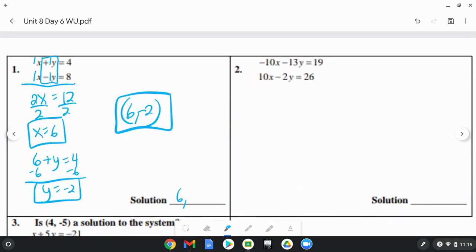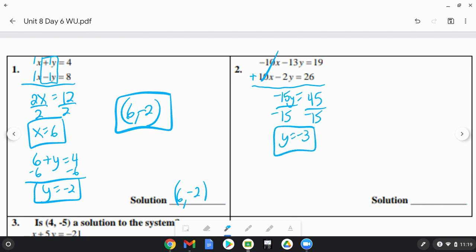Oops, I didn't see that there was a spot for it. Sorry. Number 2, I notice that the x's are the exact opposites out front, right? So I'm going to add these together. So those would cancel. I'm going to get negative 15y if I add them together equals 45. Divide by negative 15, and I get y equals negative 3. So that's half my answer. I need to plug that into the top or bottom. I'm going to plug it into the bottom because that y is smaller.